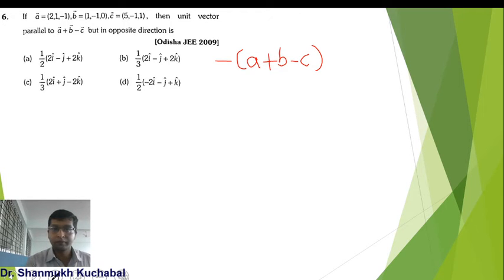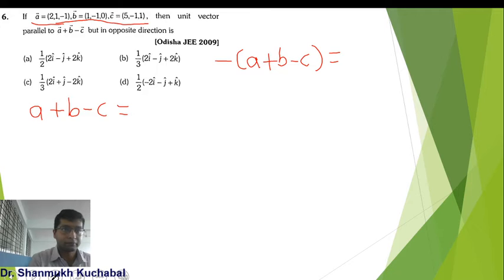So it is minus of A plus B minus C. So we have to calculate A plus B minus C. We get the calculation of A plus B minus C as minus 2i plus j minus 2k.